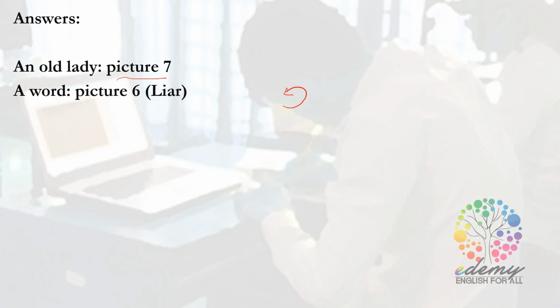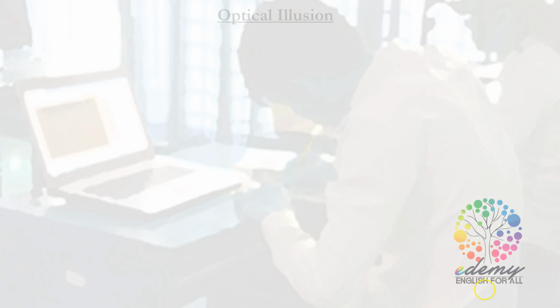And I also want you to find a musical instrument. We find a musical instrument in picture 8. When you look only at the black part of the picture, you see some kind of man holding a musical instrument.